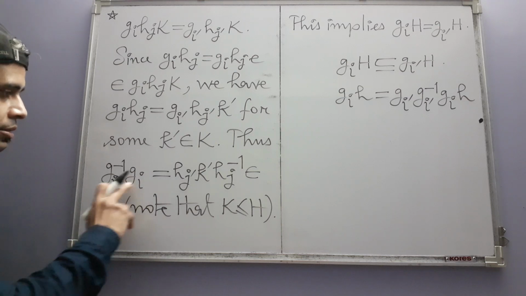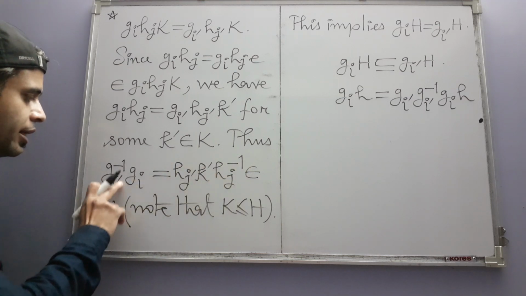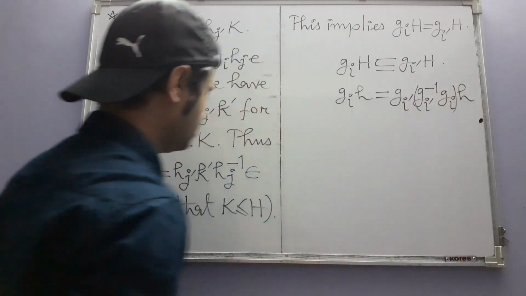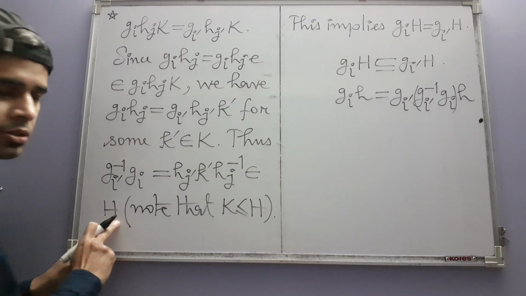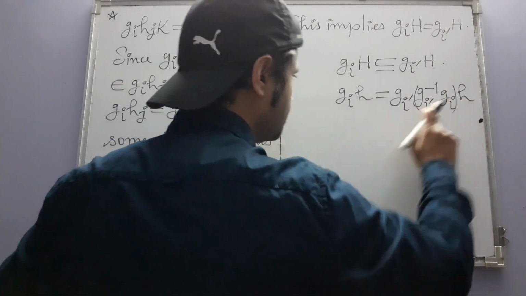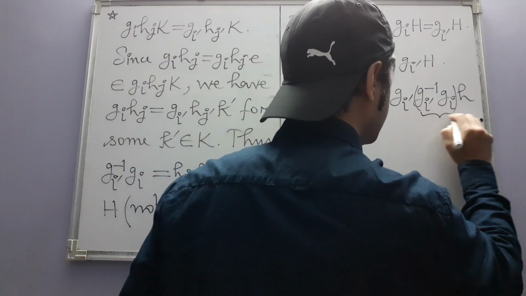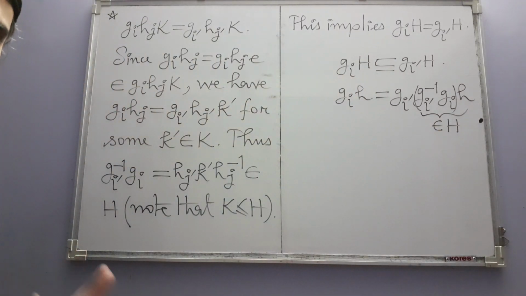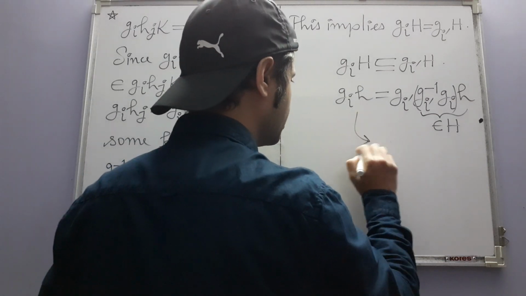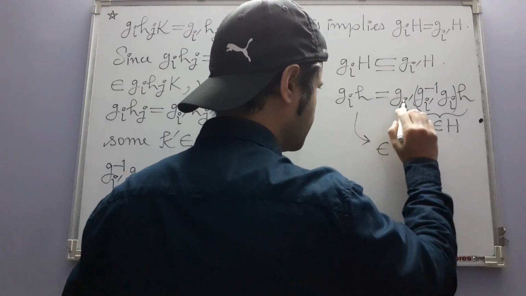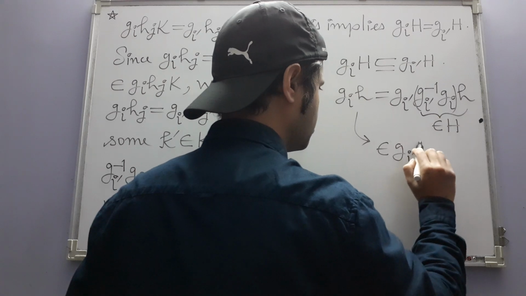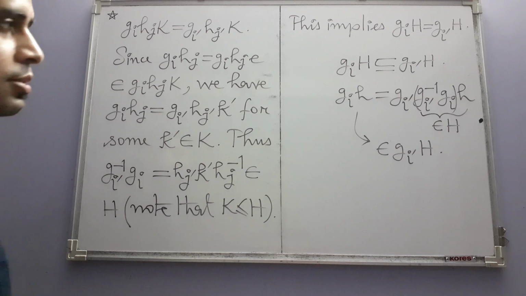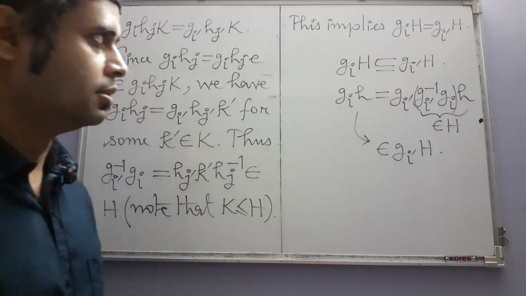Now you see why this thing is useful. Gi prime inverse Gi, which is what we have here precisely, this already belongs to H. So you multiply that by H, and that means this part belongs to H. So that is why this element belongs to Gi prime H. That just tells us that this is a subset of this.